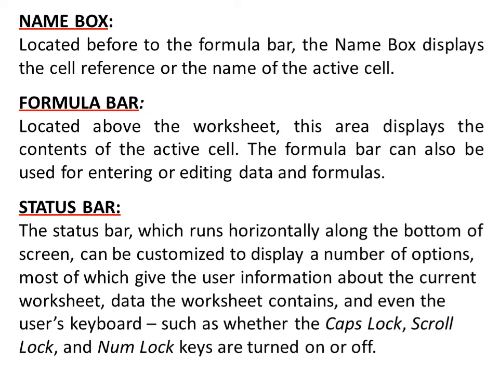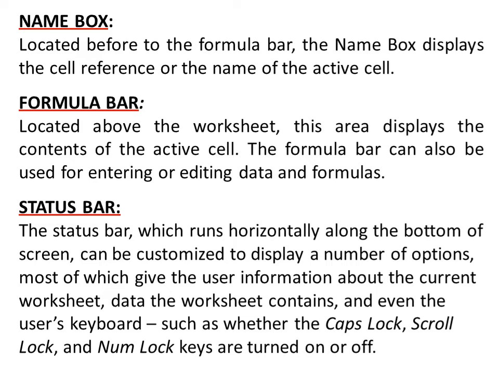Next one is name box. This is the option which is located before the formula bar, and this name box displays the cell address of the currently selected cell, which is called the active cell.